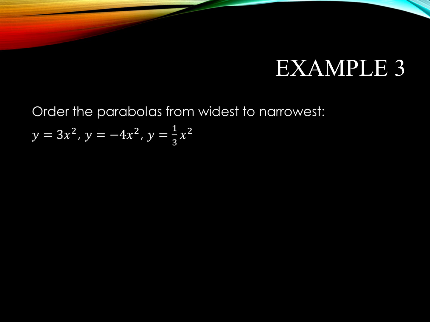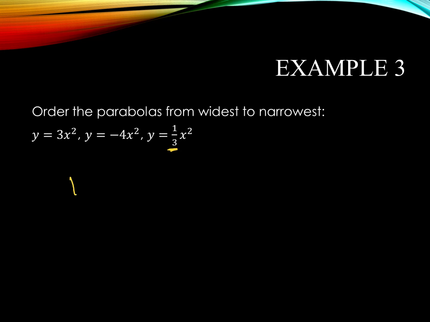So now when we look at example 3, all we have to do is look at the coefficient to see which number is going to be the smallest, and that will be the widest. It doesn't matter if it's positive or negative. We just need to go with the smallest numerical value. So in that sense, 1/3 is going to be wider than 3 or -4 or 4 in this case.